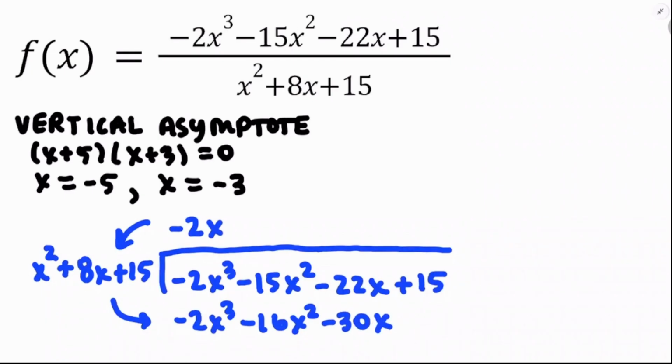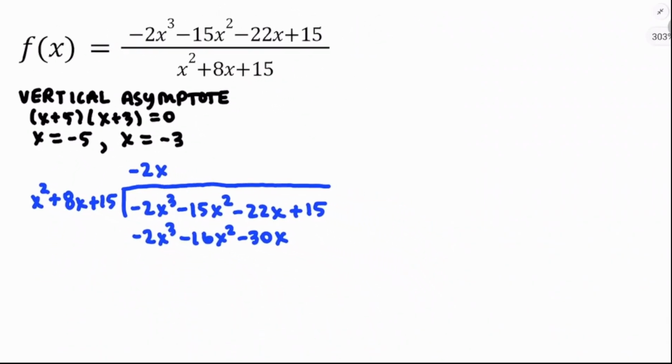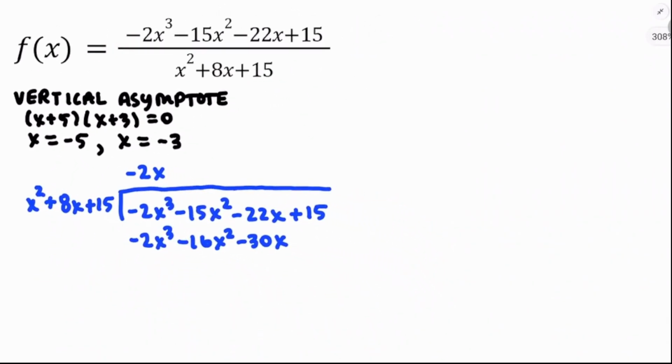Okay, so that's kind of nice. Wait, that's going to subtract. I need a lot more room. Okay, so we're going to subtract this all away. Subtracting, I'm going to turn into addition because these were all negatives. Okay, and then I'm going to get 0, positive 1x squared, and positive 8x.